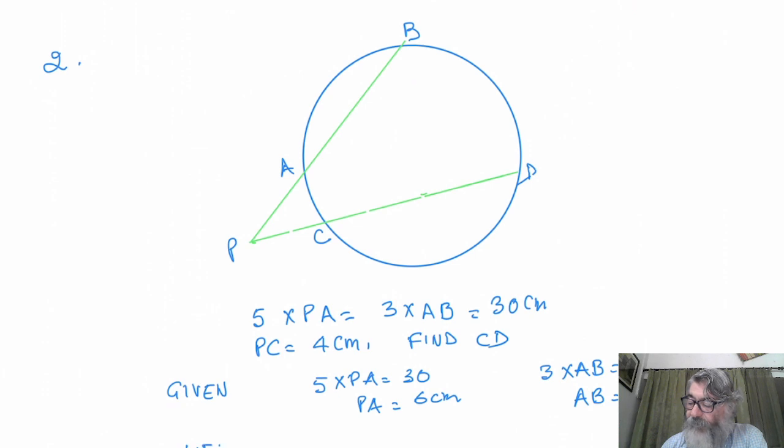We know that the product of the lengths of the segments of the chords, whether intersecting internally or externally, are equal. So PA into PB will be equal to PC into PD. PA is coming out to be 6. PB we don't know.